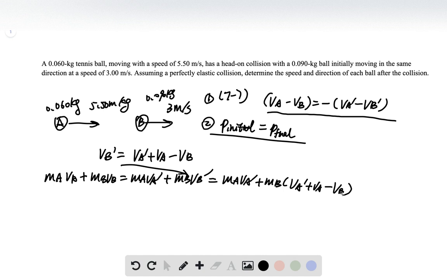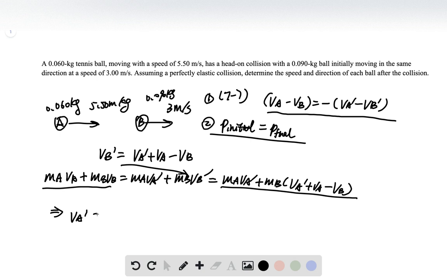Now if we rearrange this formula, the only unknown is VA prime, so we can put VA prime on the left.